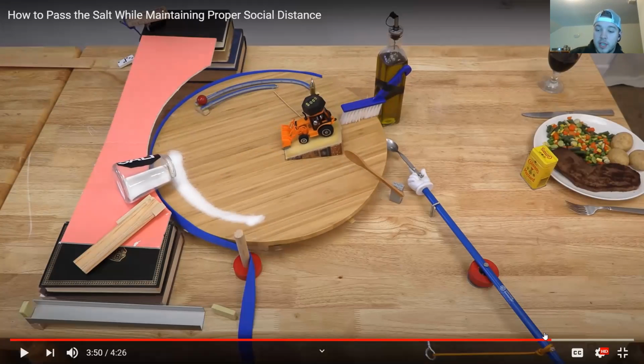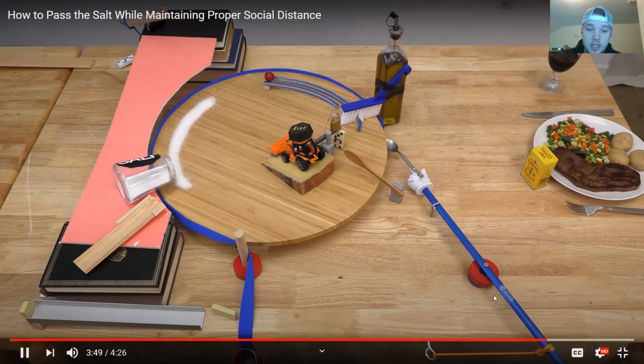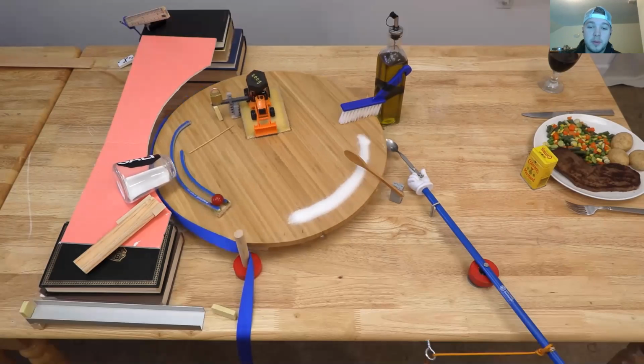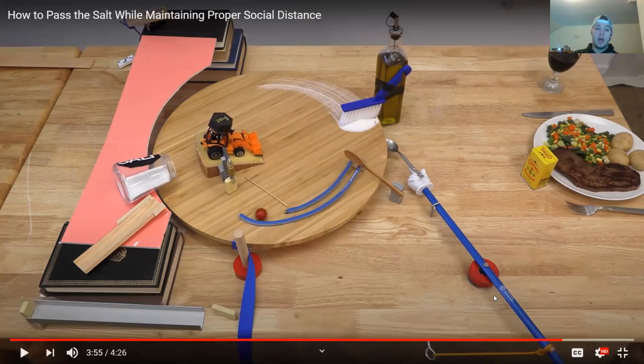So if we watch it as it spins, the bulldozer will appear to be spinning a lot faster than the salt is currently spinning. Now let's go ahead and take a look at that. Yeah, you see how the salt appears to be traveling much slower but over more of a distance, while the bulldozer scoop is spinning a lot quicker, even though they're really only traveling the exact same arc length.